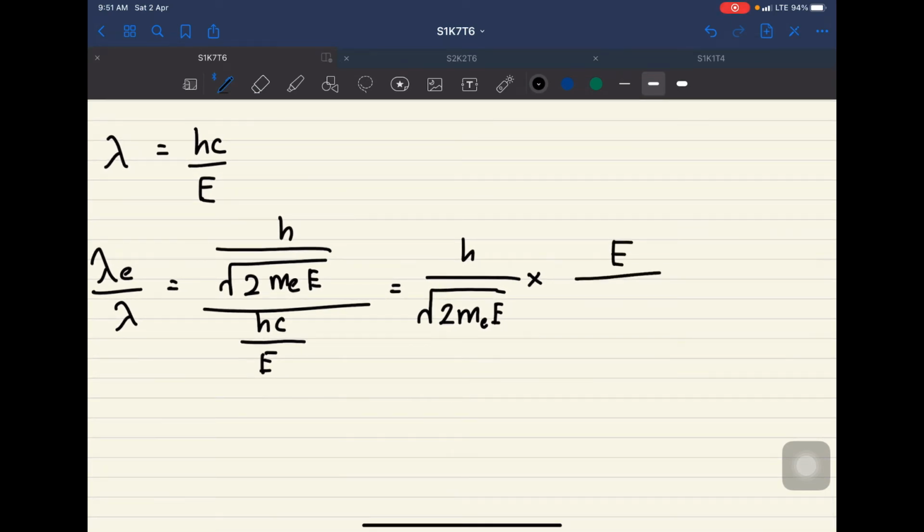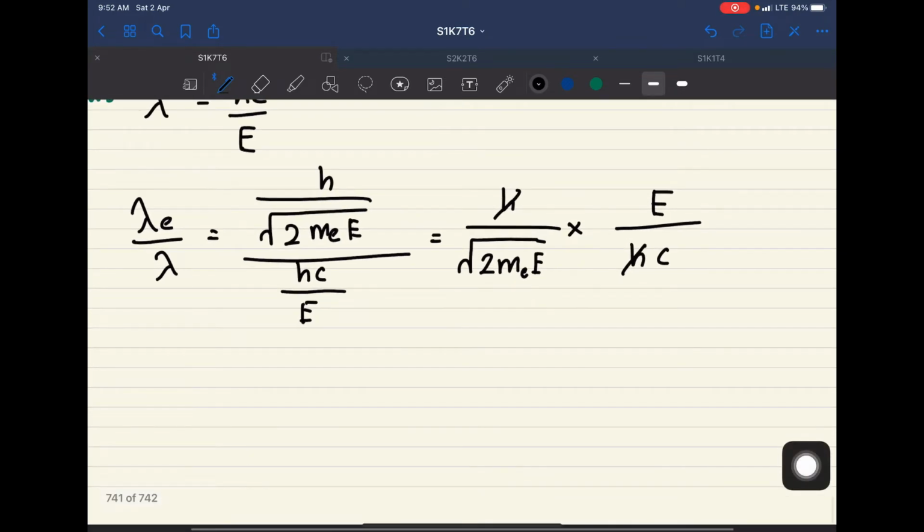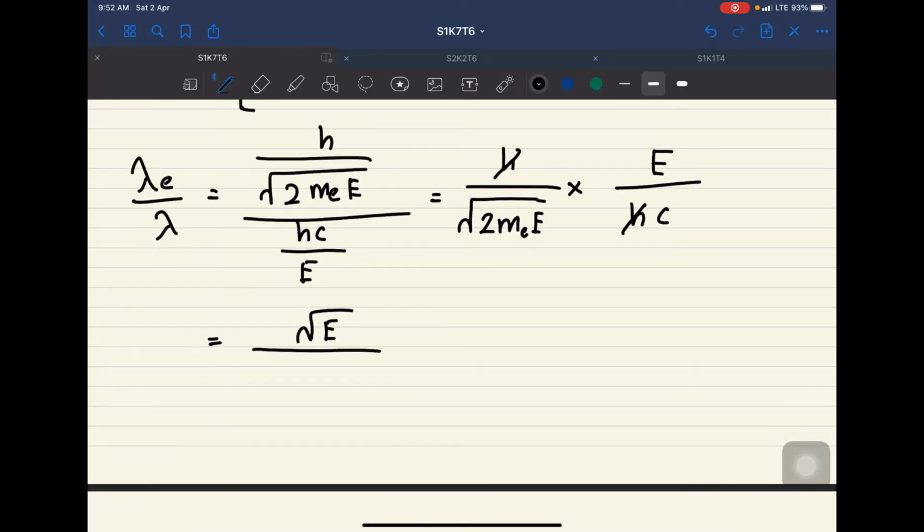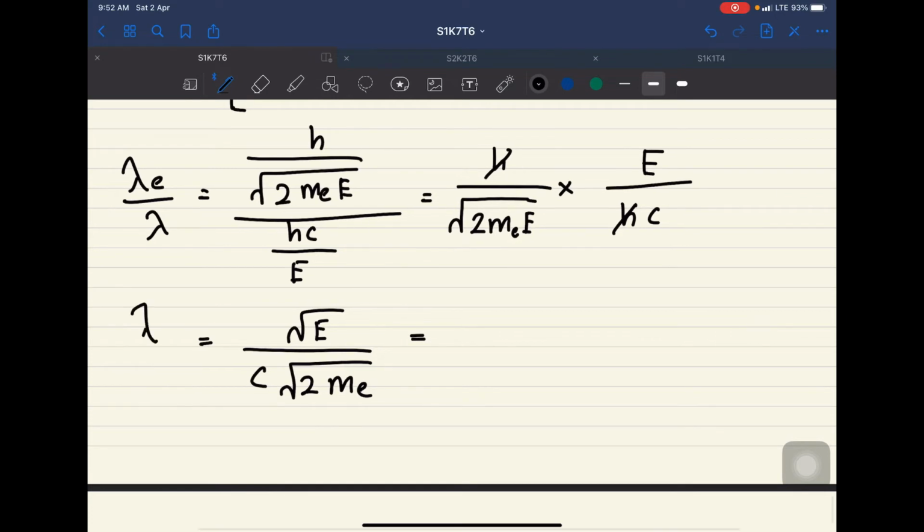It comes like this. Okay, I can cancel out the h, and this one is E to the power of 1, that one is E to the power of half, so 1 minus half is half. So you are left with square root of E over c square root of 2mE.